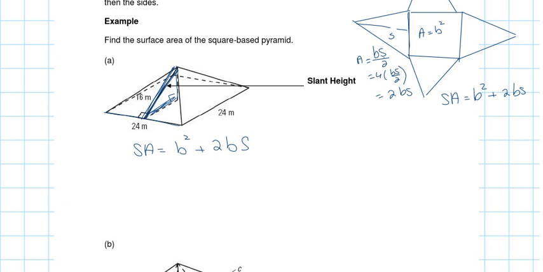So that's going to be 24 squared plus 2 times 24 times 16, which is 1,344, and my unit is meter squared.